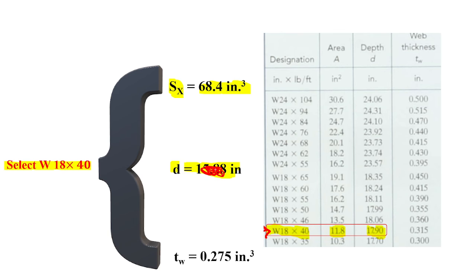I need to modify this. So depth is 17.9 for 18 times 40, and then the tw is, as you can see here, 0.3 inch, and Sx is 68.4 inch cubed. I hope this is correct. Let's see how that goes.